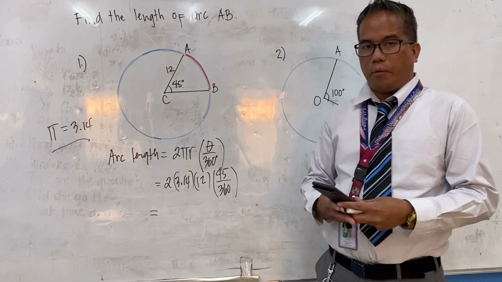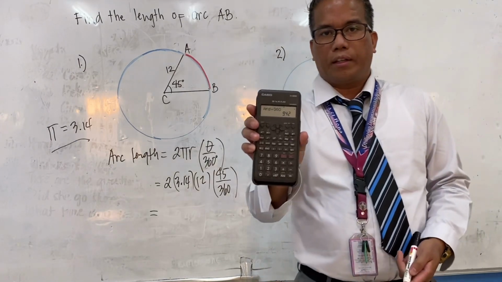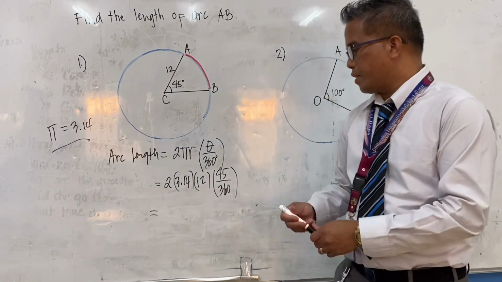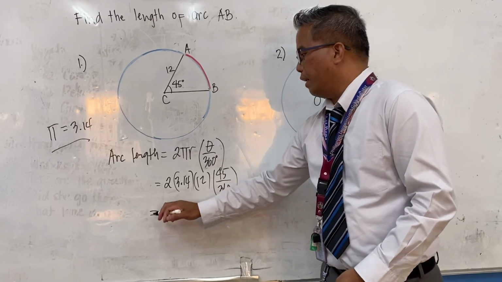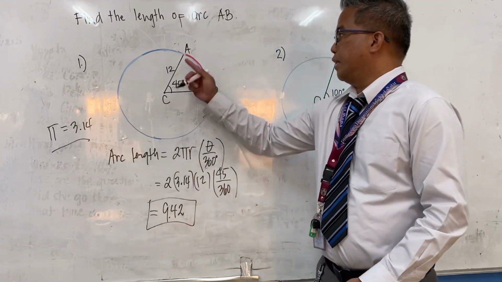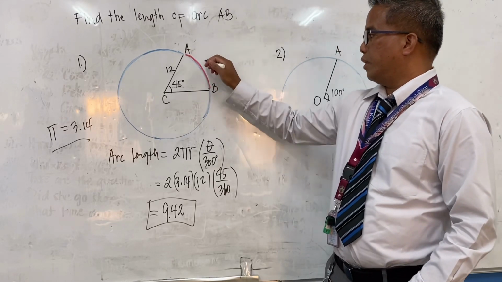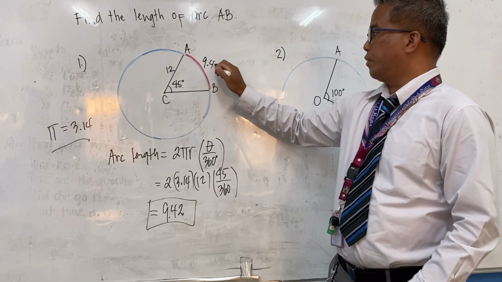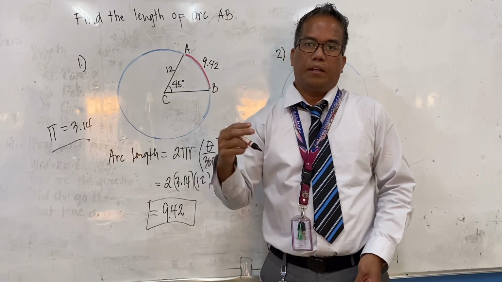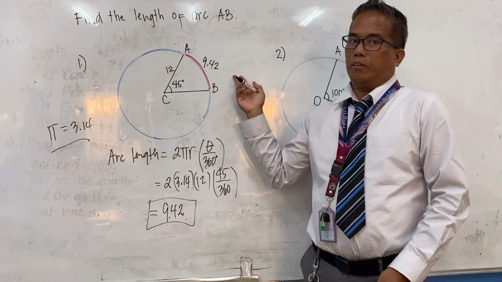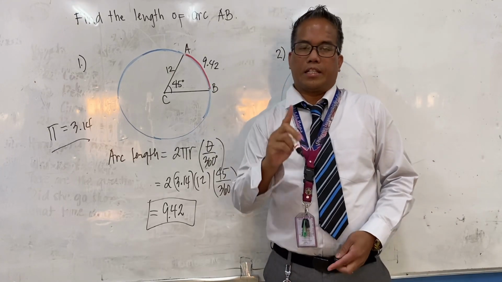The answer is 9.42. So just write here 9.42. This will be the length of the arc AB. Since there's no unit of measurement given, just put 9.42 units. That is the answer for number 1.